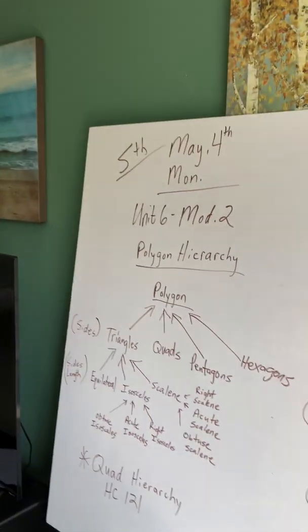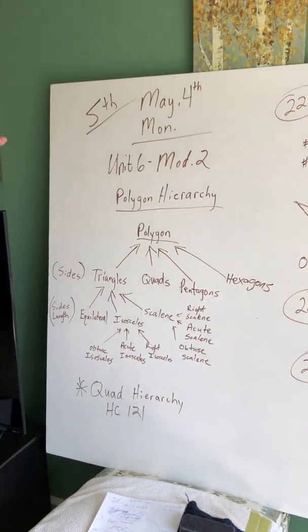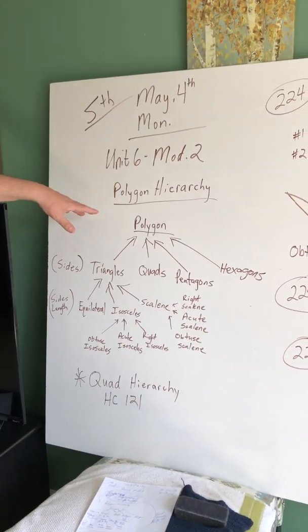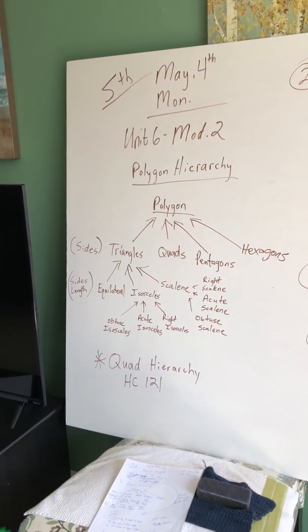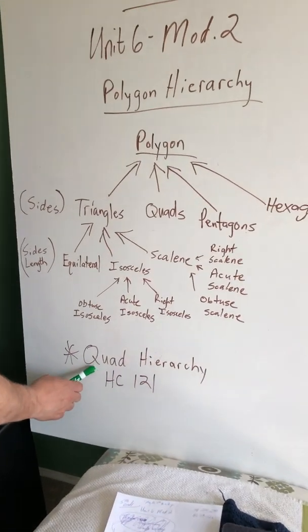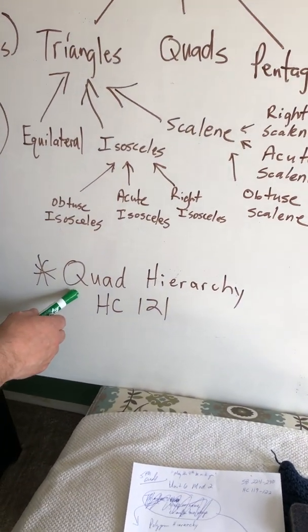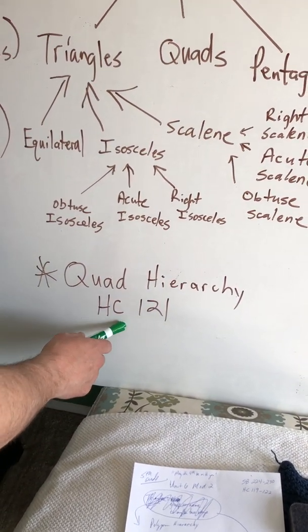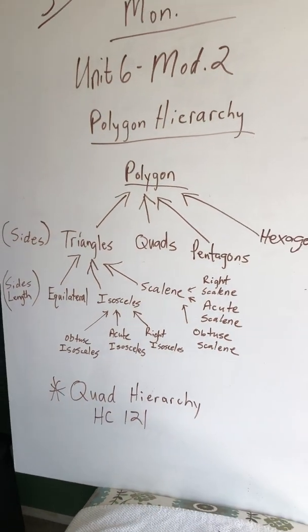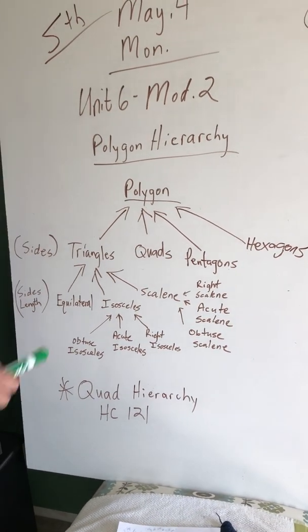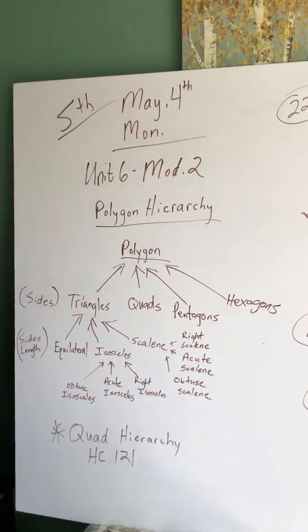Okay? So if you look up here, they are talking about in Module 2 of Unit 6 this polygon hierarchy, and also there's a quad hierarchy on your Home Connections page 121. You'll kind of get what I'm talking about in a minute. So this first one is a polygon hierarchy.